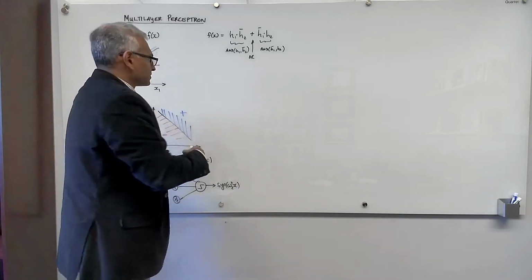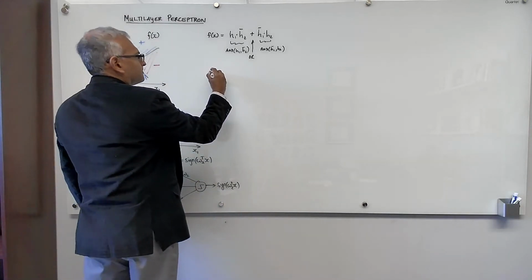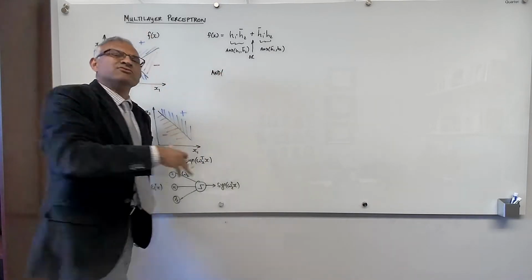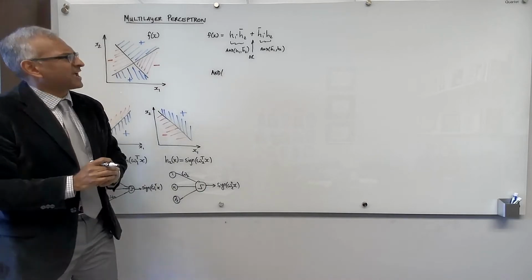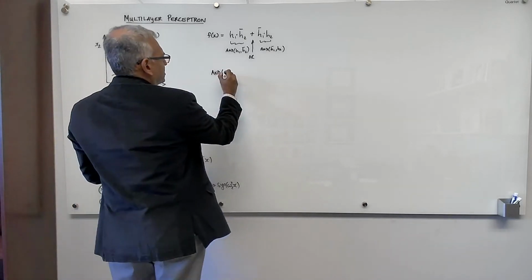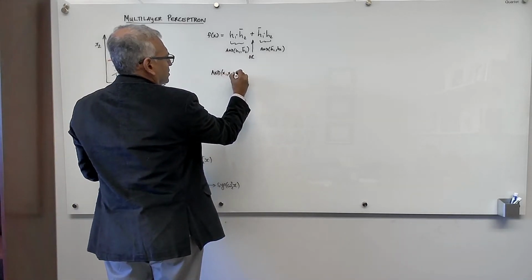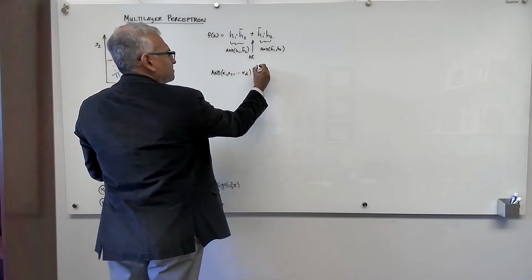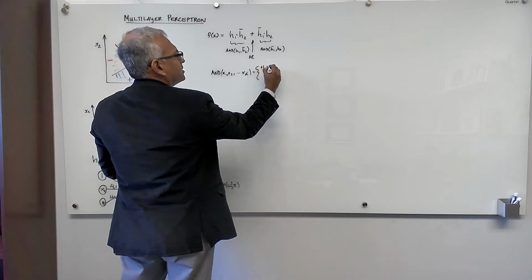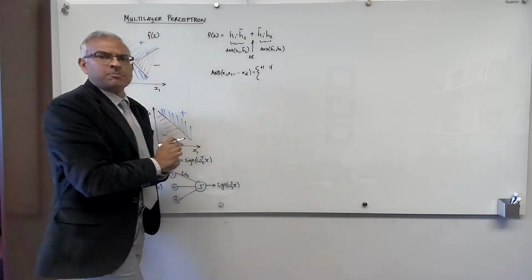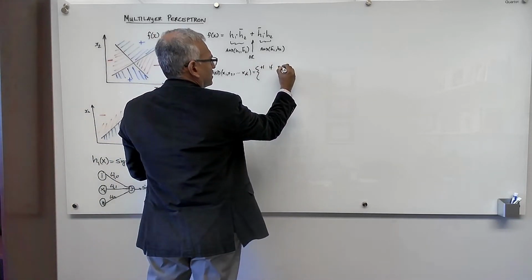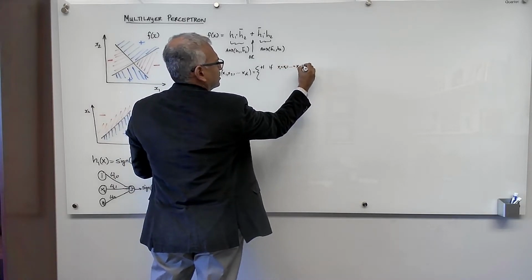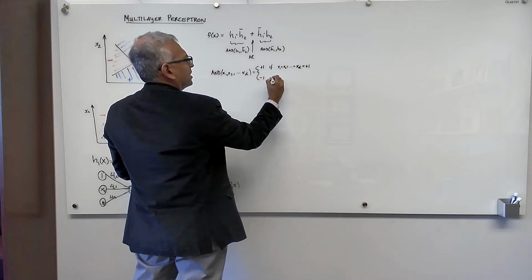AND and OR. Okay, so the AND of, let's say, and I'll give you the full definition, the AND of any number of inputs, x1, x2, up to xd, is equal to plus 1 if all the inputs are plus 1, x1 equals x2 equals xd equals plus 1, and minus 1 otherwise.